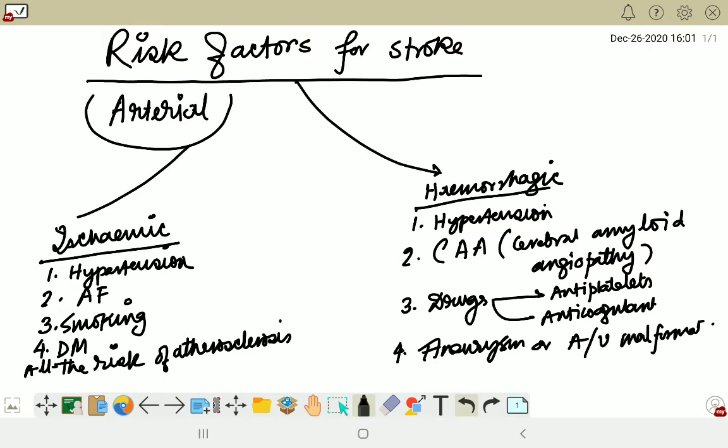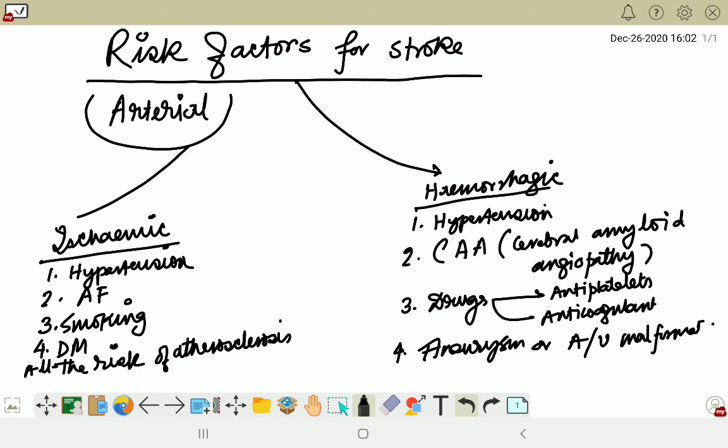There are also other relatively less common causes of ischemic stroke, for example, arterial dissection, inherited coagulation disorder, various inflammatory disorders of the cerebral blood vessels, either due to autoimmune process or infection, or various congenital conditions like CADASIL, etc. But the most common are these four.